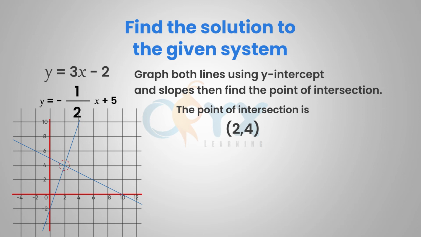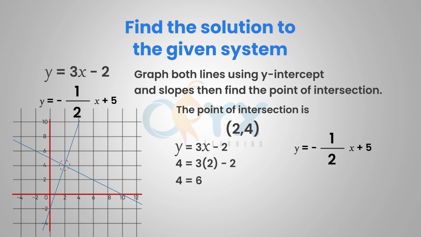In order to check our work, we can put 2 in for both of the x's and 4 in for both of the y's to make sure it satisfies both equations. In the first equation, we'll get 4 equals 3 times 2 minus 2, or 4 equals 6 minus 2, which gives us 4 equals 4.